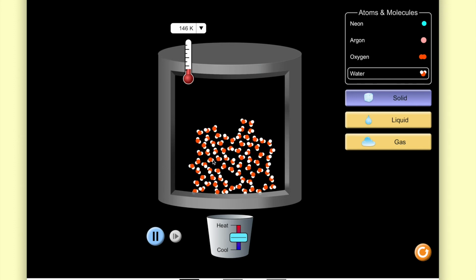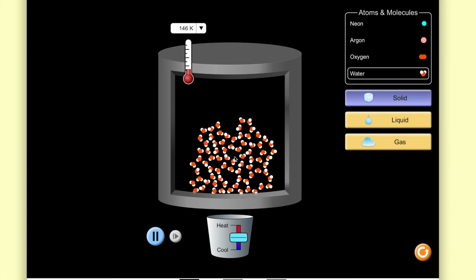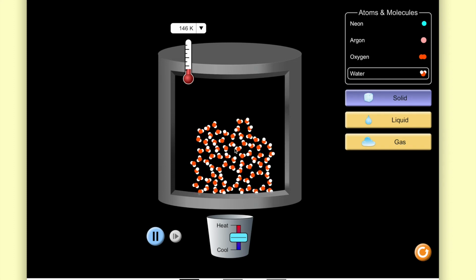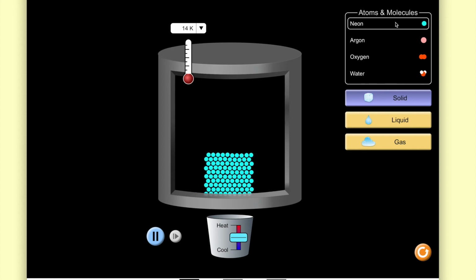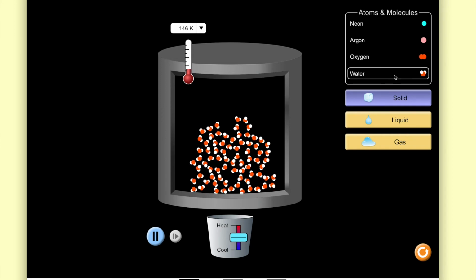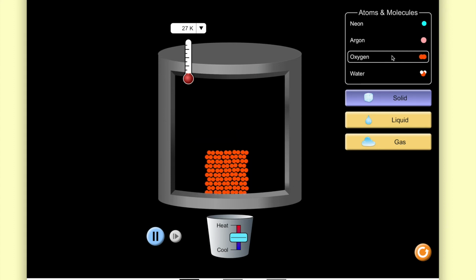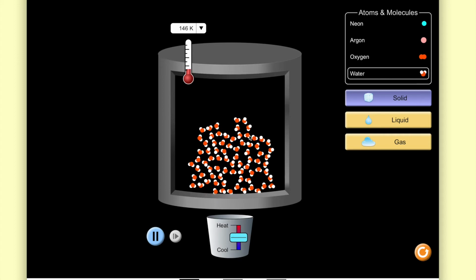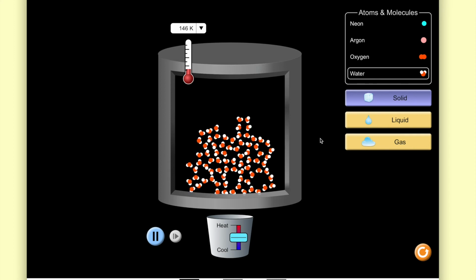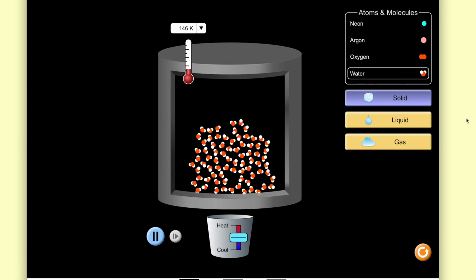So in our water, there are actually some forces of interaction between these molecules, and that's what's making them more spaced out compared to that neon structure where they're much more in a regular arrangement compared to the water. Argon, you can see it in nice lines, and similarly with oxygen. So water, something about these intermolecular forces that this model doesn't actually show us is a limitation of this model.